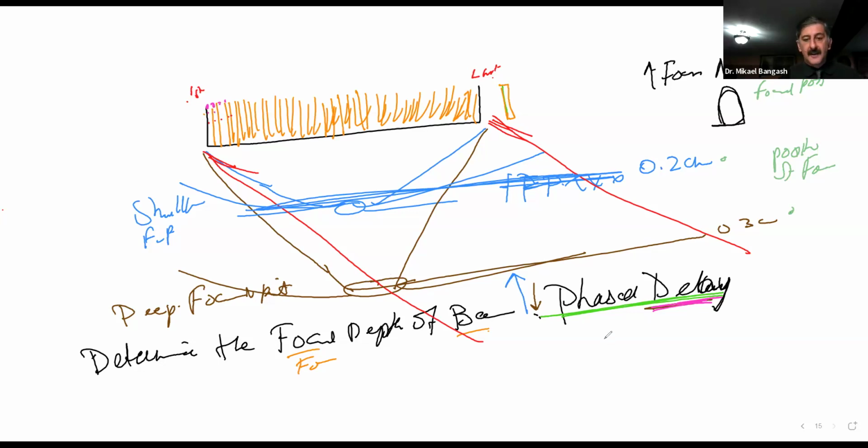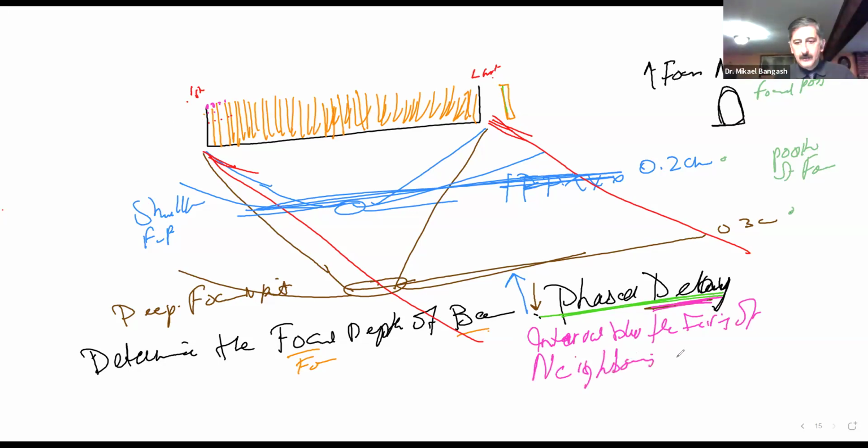So this phase delay means just the interval between the, I may use the word firing, but you can mean stimulation or so on, of neighboring PCTs or crystals.